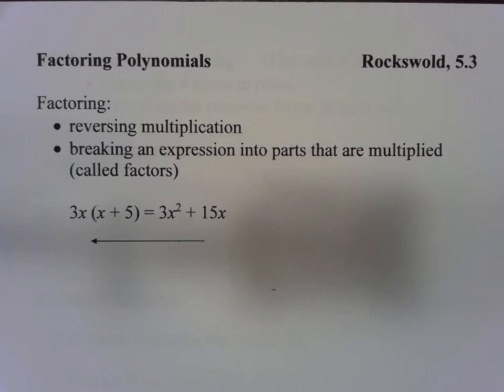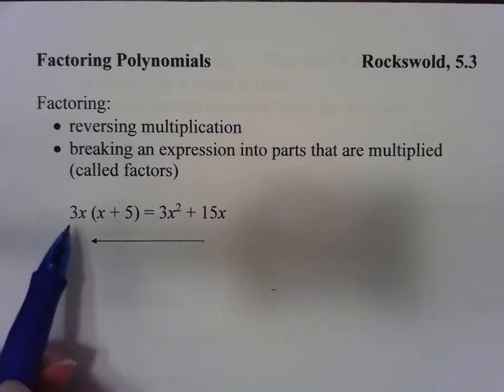So the idea of factoring is really we're going to be reversing multiplication, which means instead of multiplying two things together, we're going to take what would be the result of that and break it back apart into two parts that would be multiplied. And those two parts, usually pieces that are multiplied, are called factors.